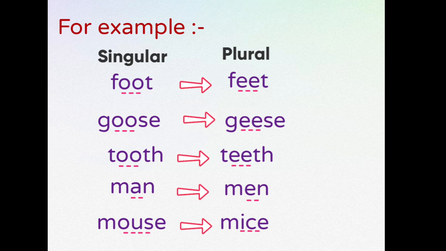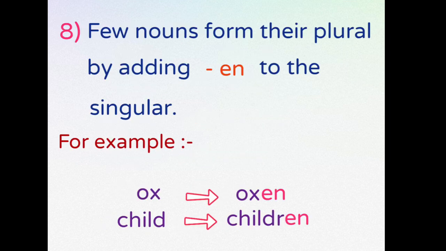Let's move forward to another rule. A few nouns form the plural by adding en to the singular. For example, ox becomes oxen in its plural form. Child, children. As you can see in children, with en, r is added.